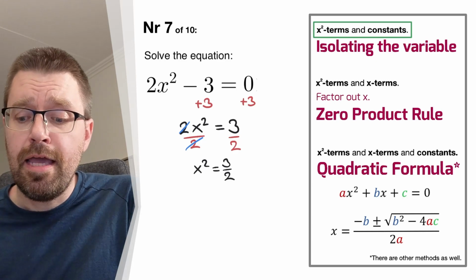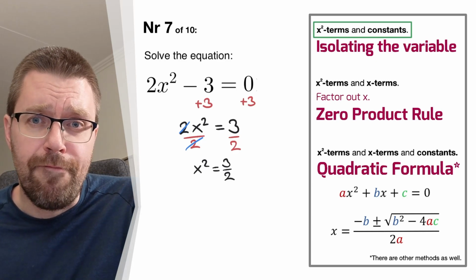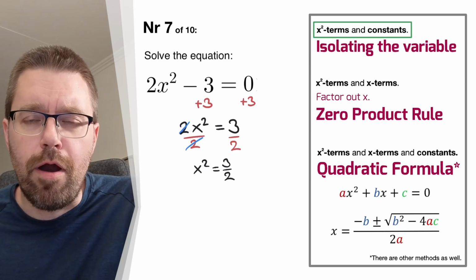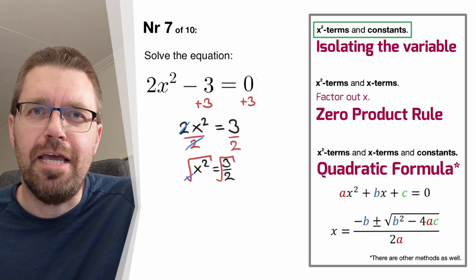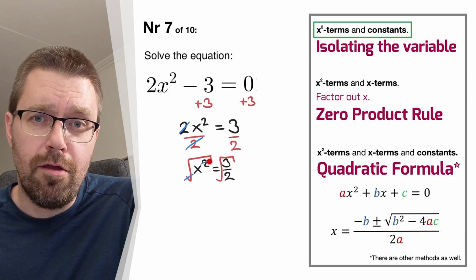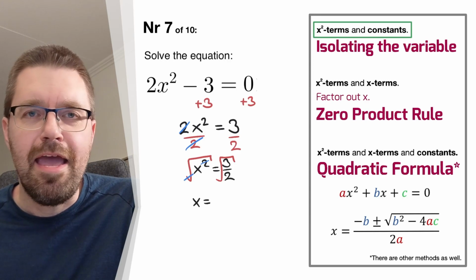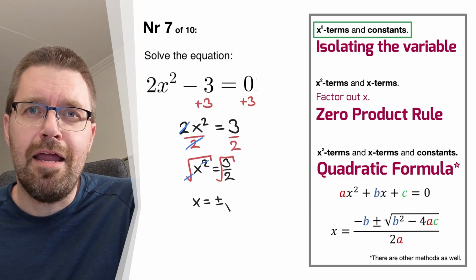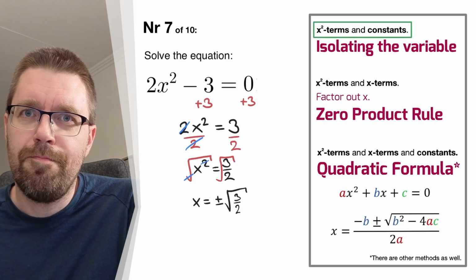Then I can take the square root, no matter if it's a fraction or a whole number. It's the square root. So I take the square root on both sides. I cancel the square root and the exponent on the left. And then x equals, don't forget the plus minus sign, and then square root of 3 halves.